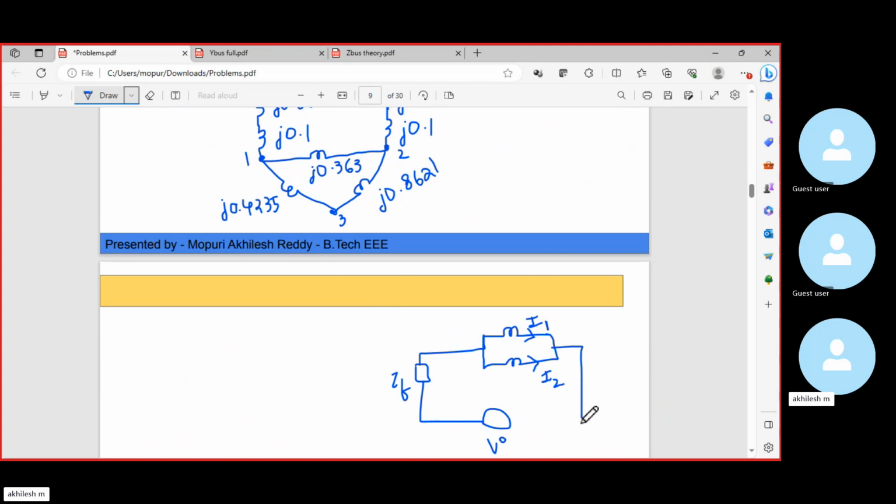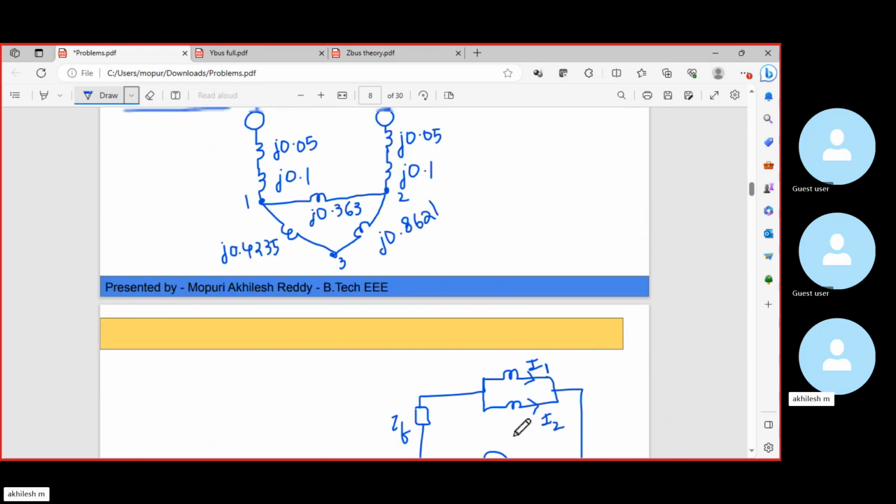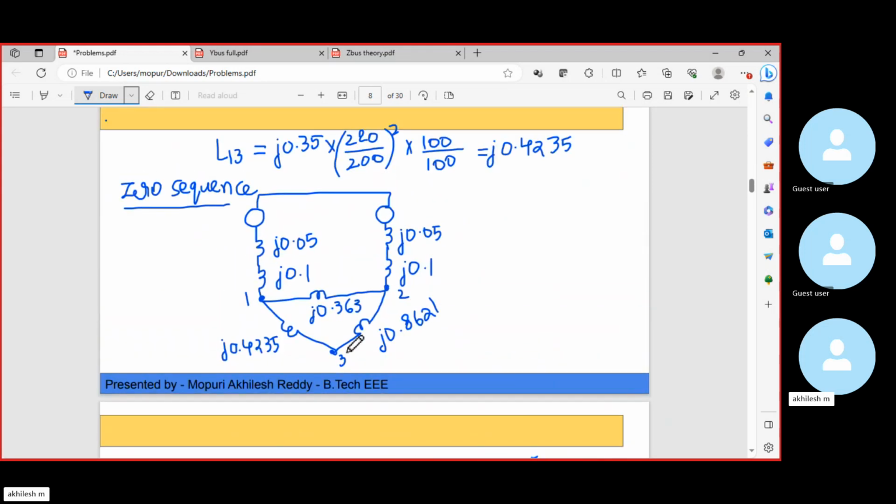So whenever we are doing this Thevenin's method to find Z effective or XTH or ZTH, we need to convert that reactance diagram into a circuit like this. This is the equivalent circuit.